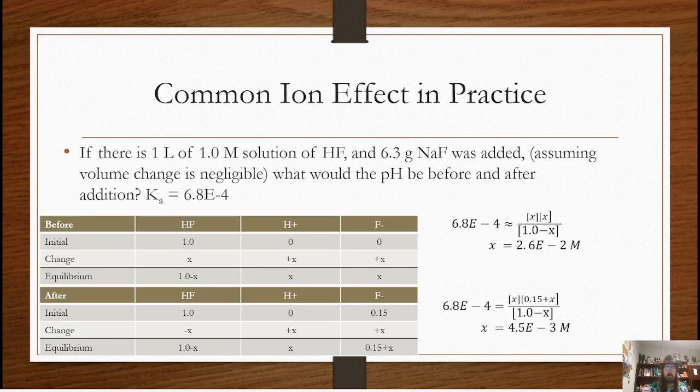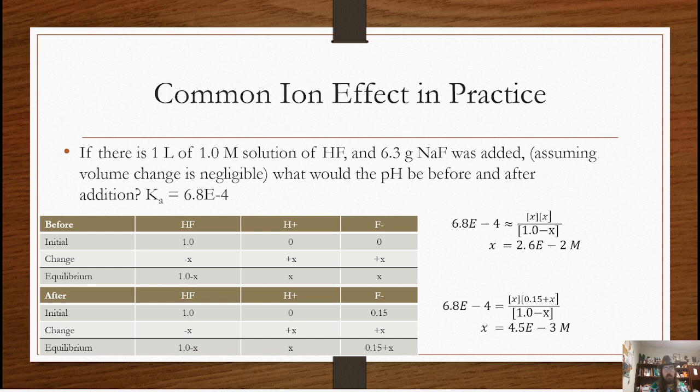So, hypothetically, let's look at a solution of HF. We have a 1 molar solution of HF. If we look at the initial situation, like what would happen if it's just pure HF? Well, we have 0 protons and 0 fluoride. Technically, it's not 0, but it's essentially 0. And so when we do the ICE table, X hydronium forms, X fluoride forms, and 1 minus X HF goes away.